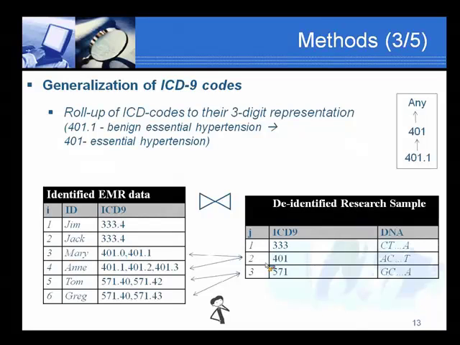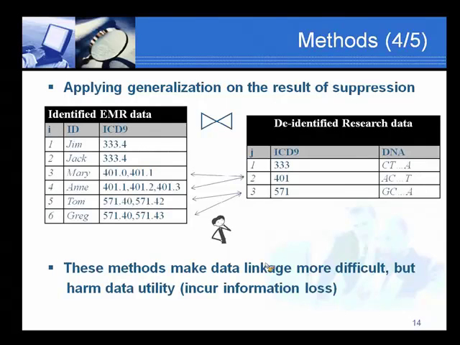Again, the remaining ICD codes may match to more people in the identified EMR data. This is the data that an attacker may have access to. So, for example, again, the second record matches to 2 records, that of Mary and Anne in the identified EMR data. As a third technique, we combine generalization with suppression by applying generalization to the result of suppression.